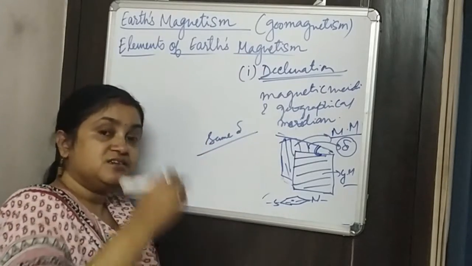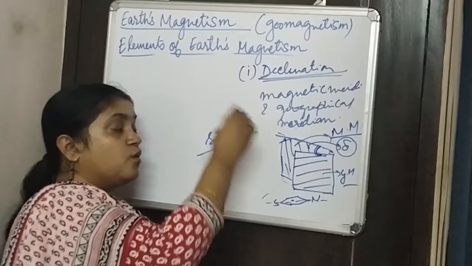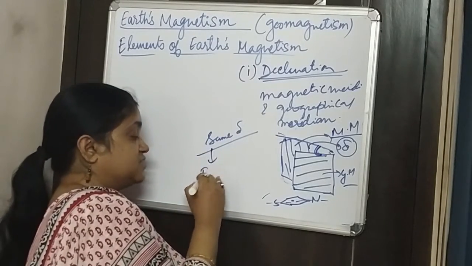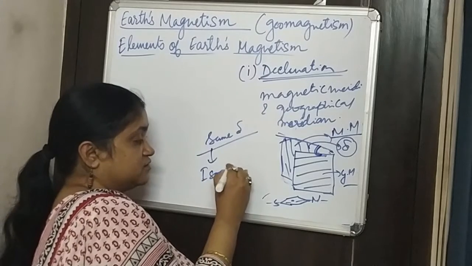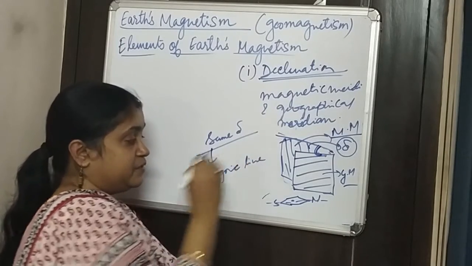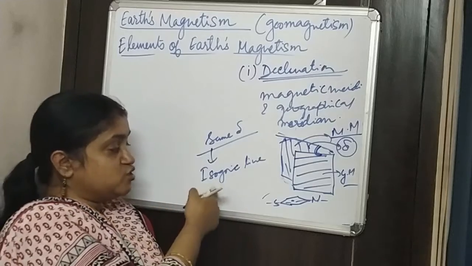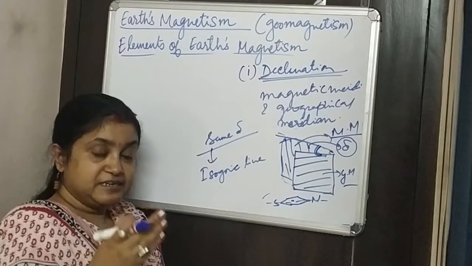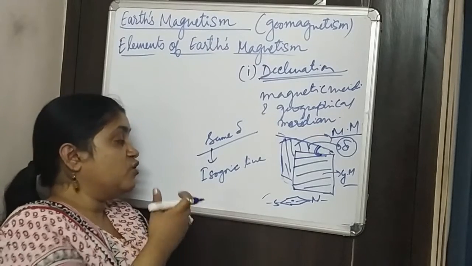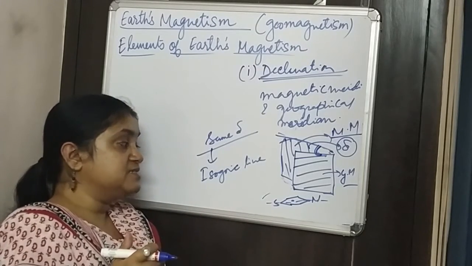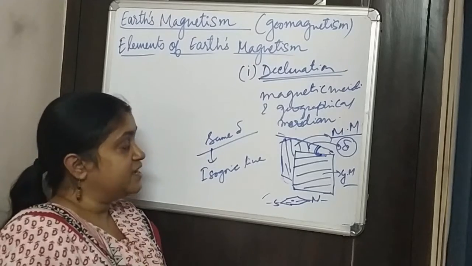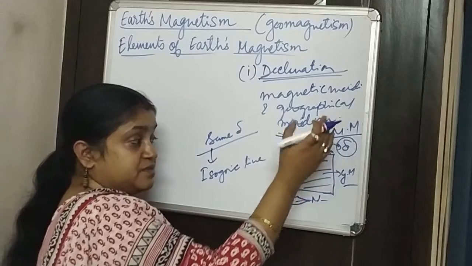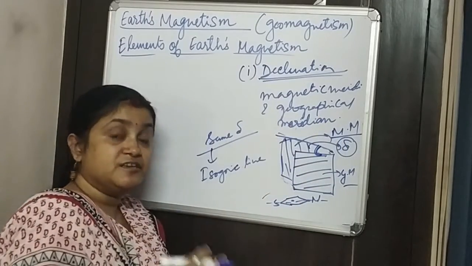That line we call an isogonic line. Since iso means same, when you join places with the same declination with a line, we call it an isogonic line.